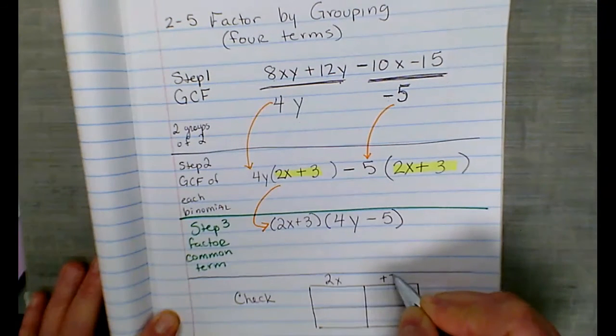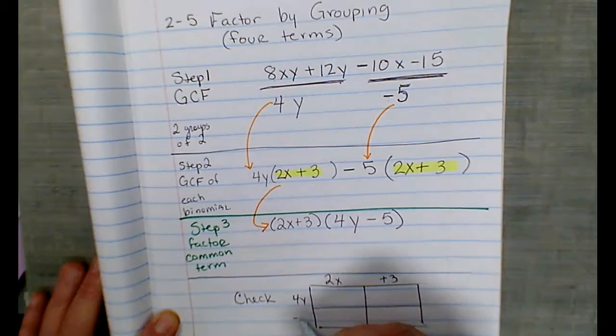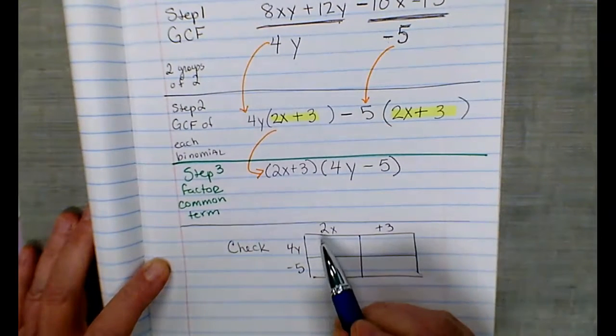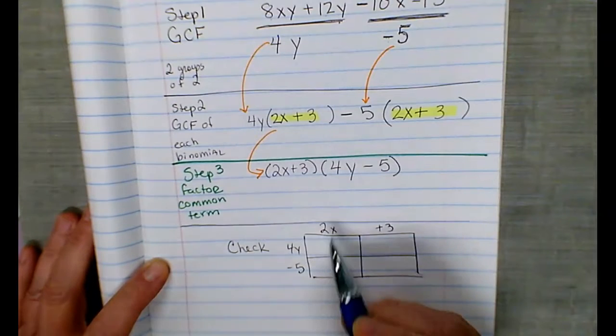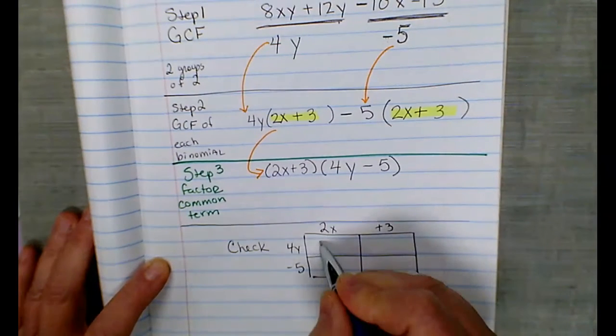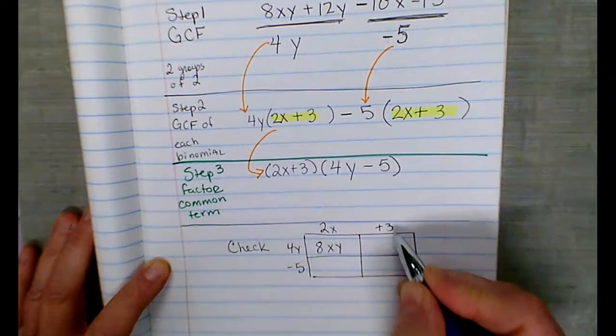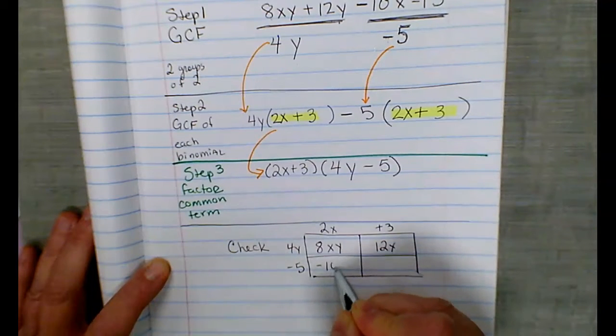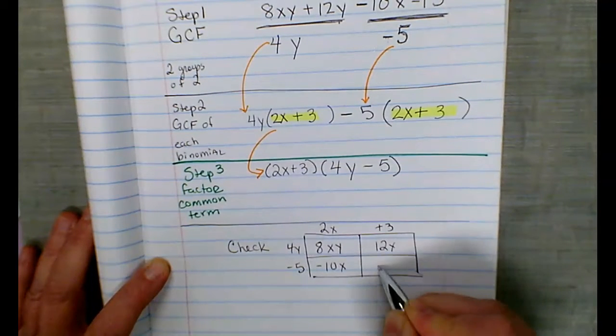2x plus 3, 4y minus 5. This is a check. You don't have to do a check on every problem, but we're just checking it here on these first problems to show you that it really does work.